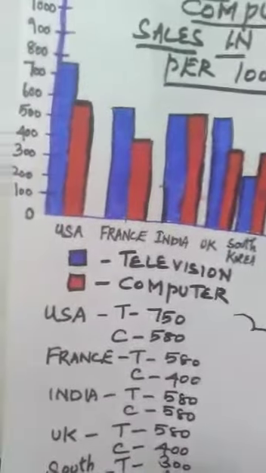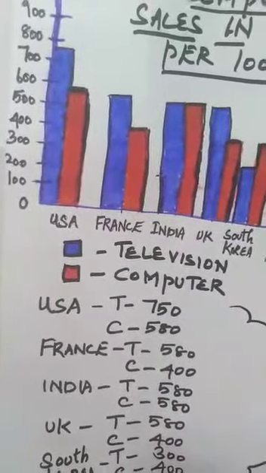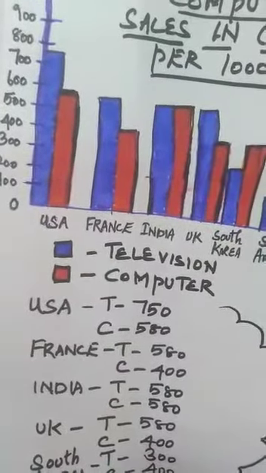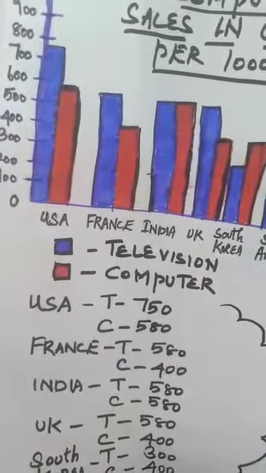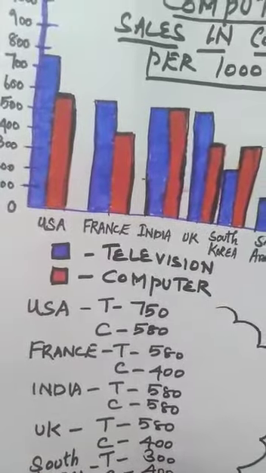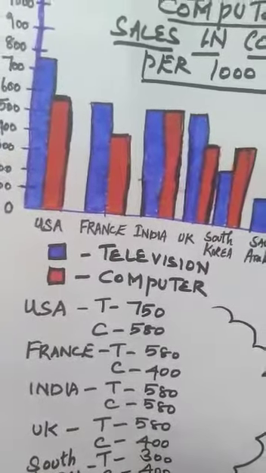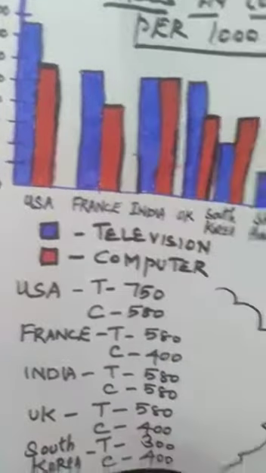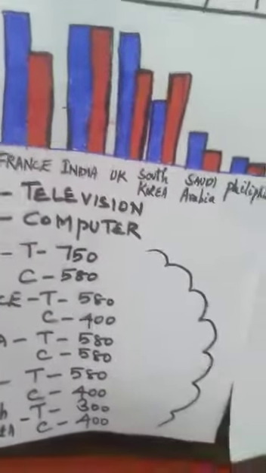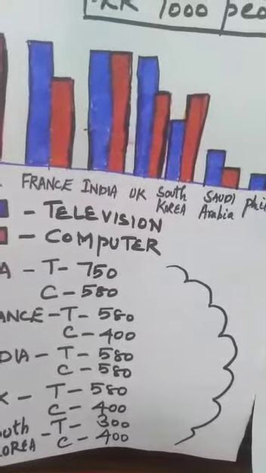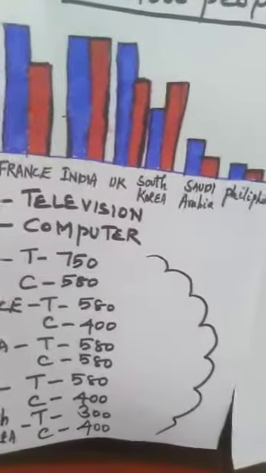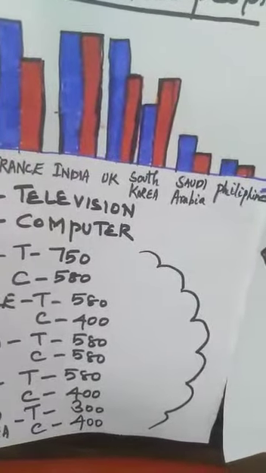And if you take France, 580 people are interested to buy television, and if you compare that bar with the next bar, this bar is somewhat lower. If you look at the bar, only 400 people are interested to buy that. And if you take India, the sales of television and computers are more or less the same. It's equivalent and similar.